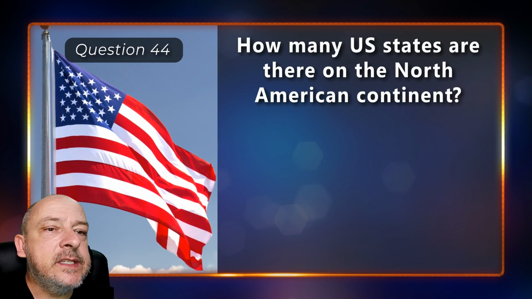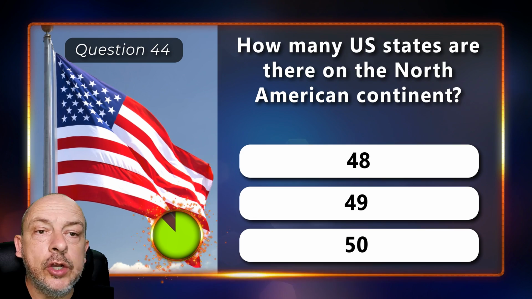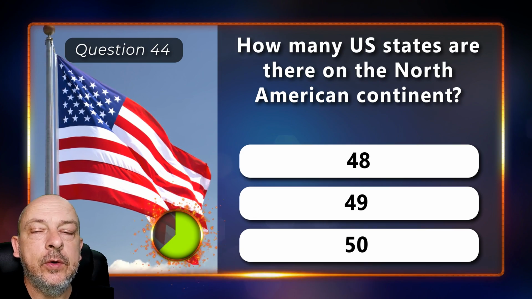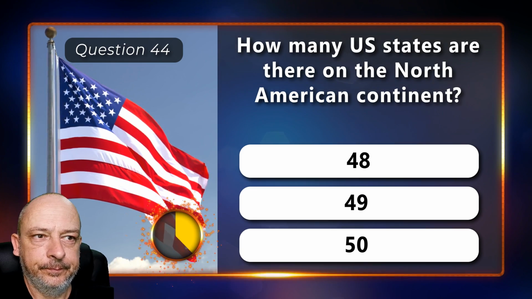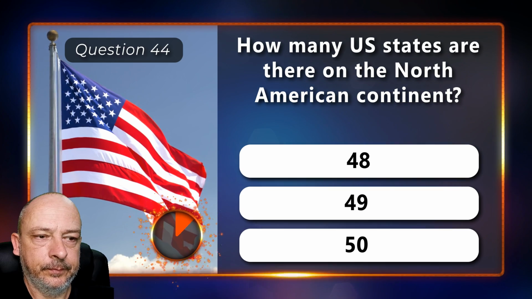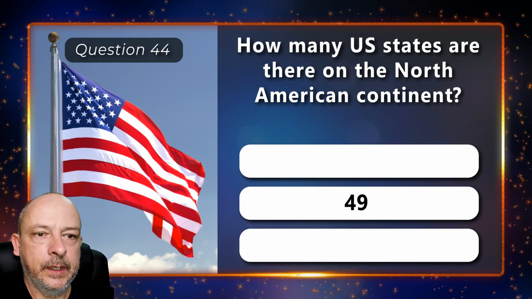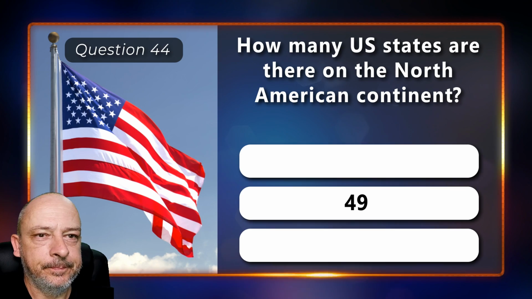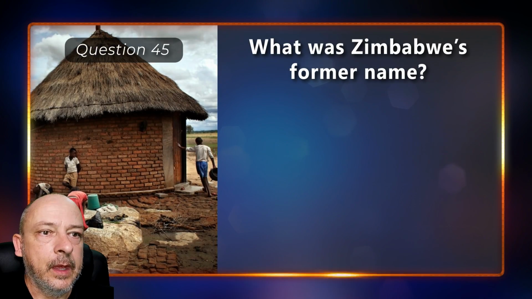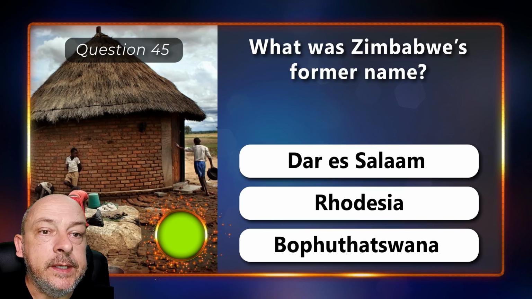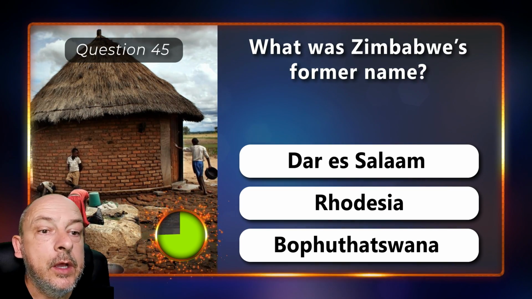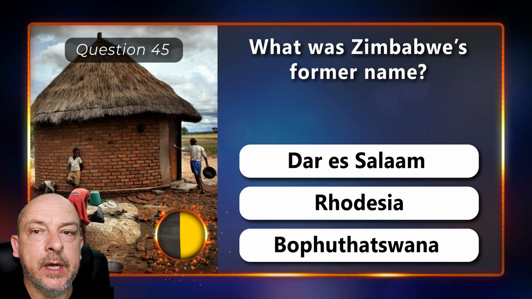How many US states are there on the North American continent? Is it 48, 49, or 50? It is 49 states. What was Zimbabwe's former name? Is it Dar es Salaam, Rhodesia, or Bophuthatswana?